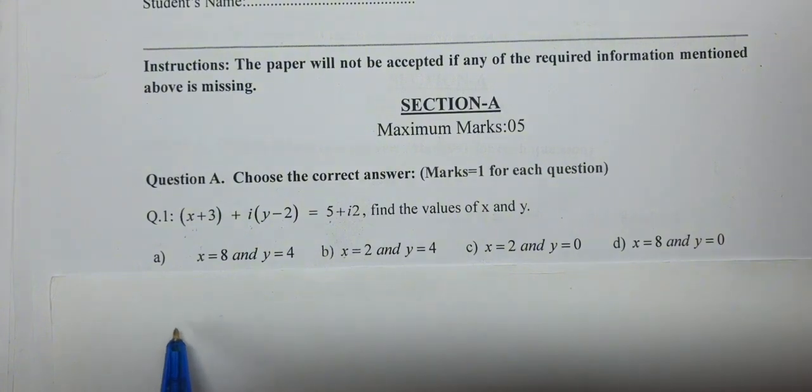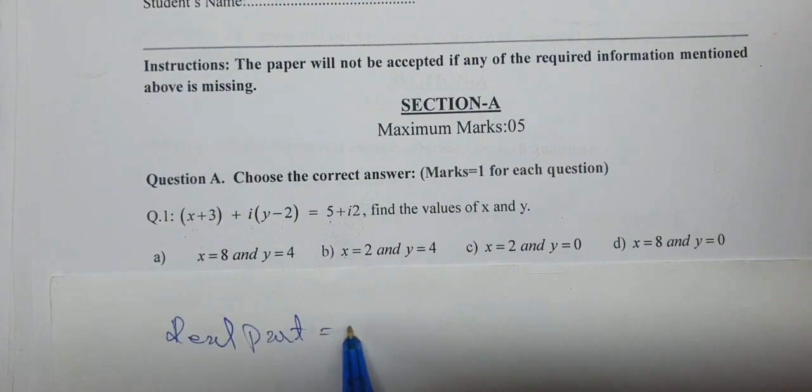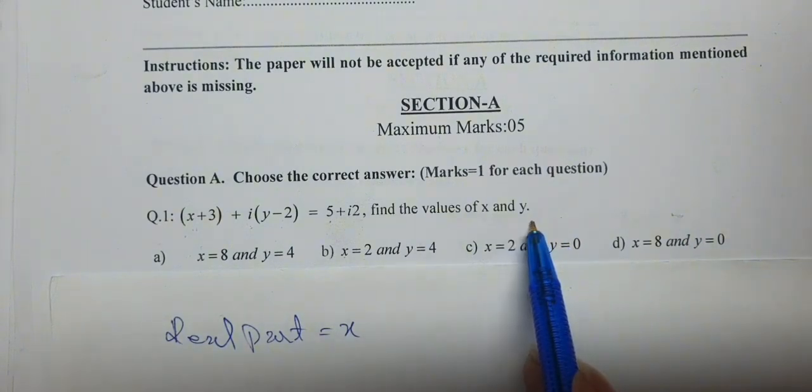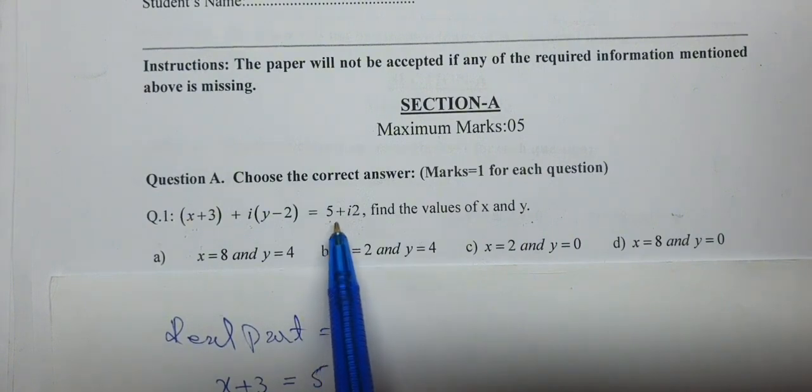First of all, we will try to find the real part, that is x. Here y will be the imaginary part. So here x + 3 is equal to 5, because here on the right hand side we know what the real part is.